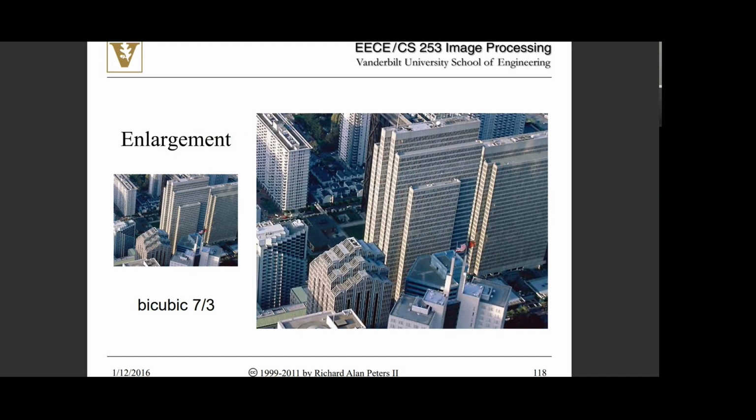Well, any question? Linear interpolation, when you compute the value of pixel and then you put all of them together... No, you apply this formula, the bilinear.